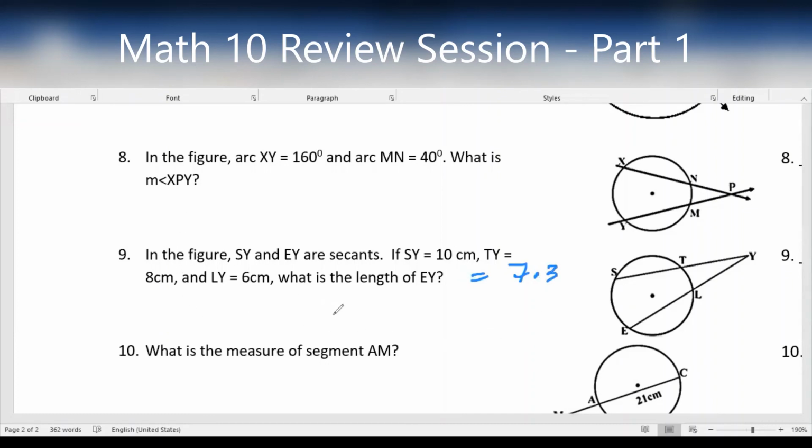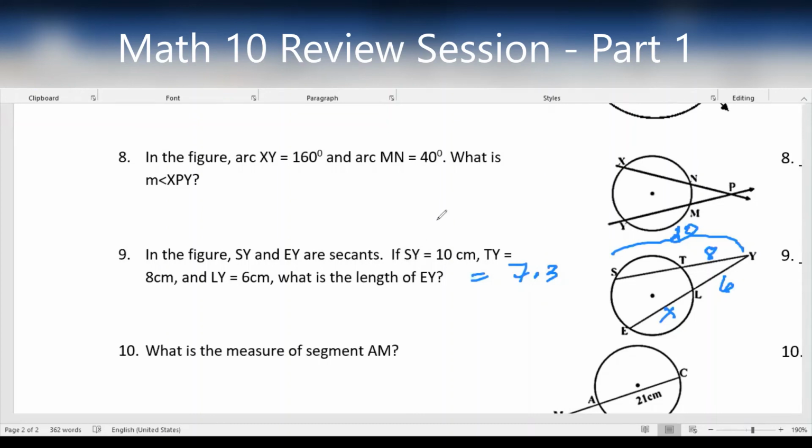So, it became 8 plus 2 times 8 is equal to 6 plus x times 6. So, 80 is equal to 36 plus 6x. Transpose 36, magiging 44. Tapos, isolate po si x. So, 44 divided by 6, 7.3.